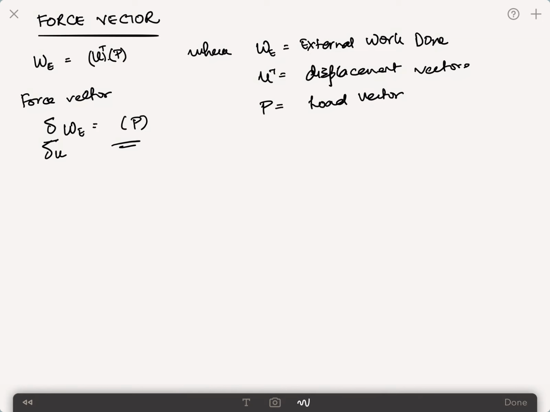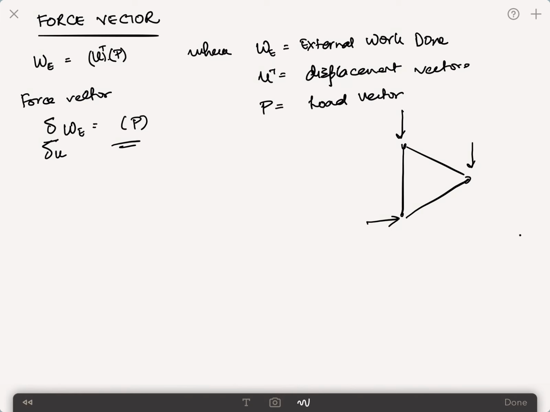Now, in the case of a triangle membrane element, it's very easy because it works very intuitively. If I have certain concentrated loads at certain nodes, then I know how to apply them because they are just point loads acting on the system.